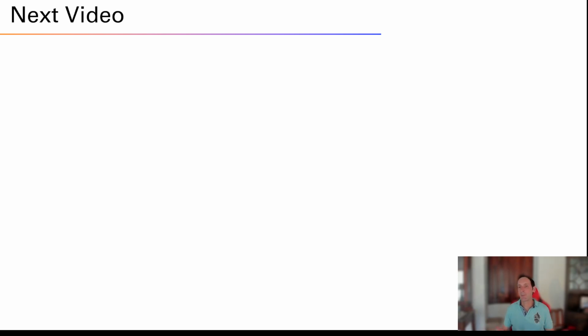But this wraps up the core concepts that you need to understand when working with Web3 and Solana. We talked about Keypairs, PDAs, wallets and accounts, all of these things. These are concepts that are essential for developing secure and effective decentralized applications. And so in the next video, we'll dig deeper into how to implement these concepts in code.